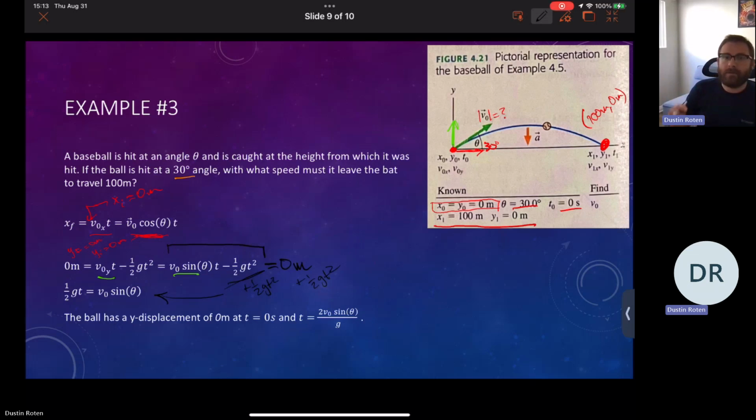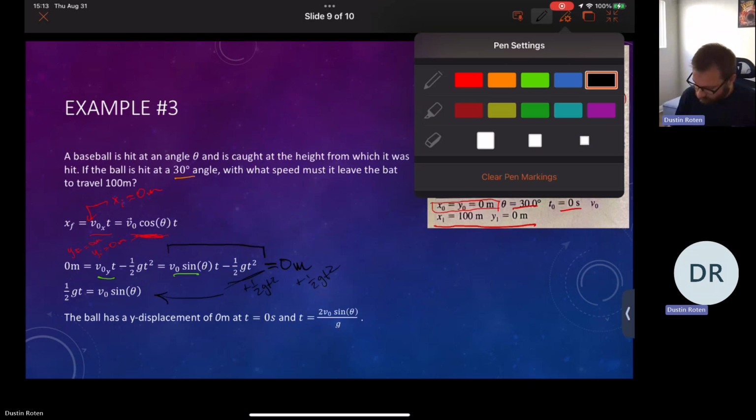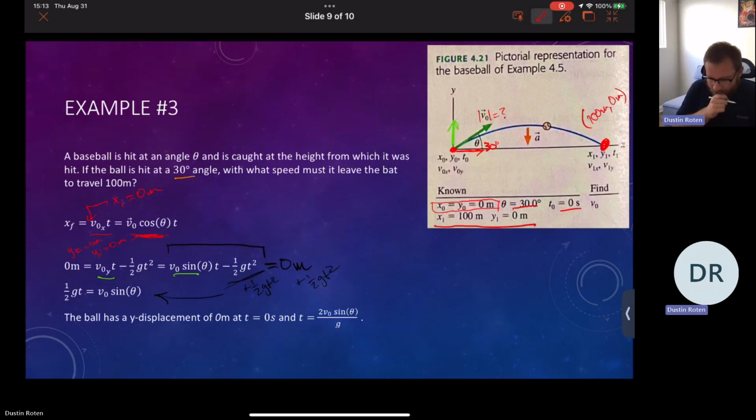Now let's solve for t. Remember, that's the thing. We want a horizontal distance. We want this final x value, but we need to find out when that happens before we can find out where that happens. We still need to know this t final. So when we solve for t, we don't know what any of these numbers are. We don't know what v0 is.